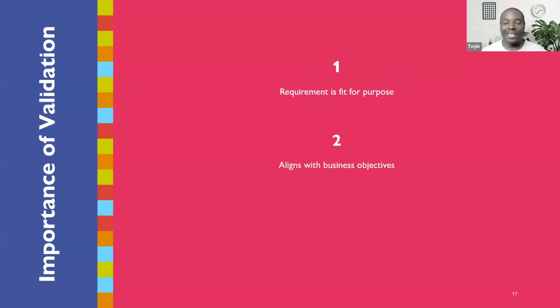There's no point having a business objective, right, and then having a requirement that does not align with it. If there is a requirement like that, the question you need to be asking your stakeholders, or whoever has provided that requirement, is, what exactly are they trying to achieve with a requirement that does not align with the business objectives? So you would ideally want to challenge a requirement that does not align with the business objective.